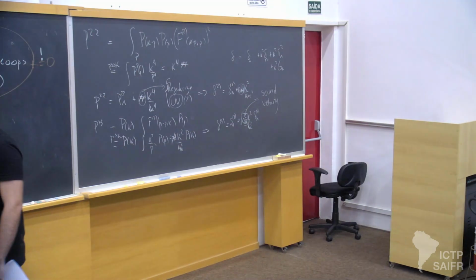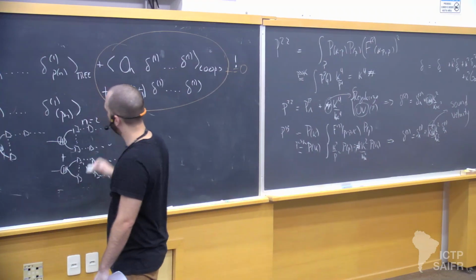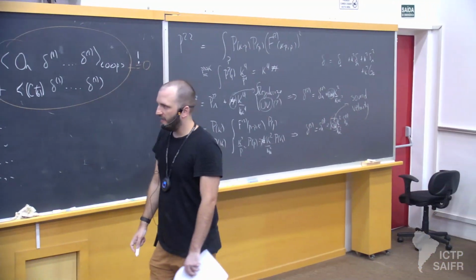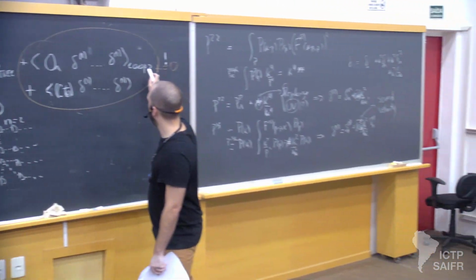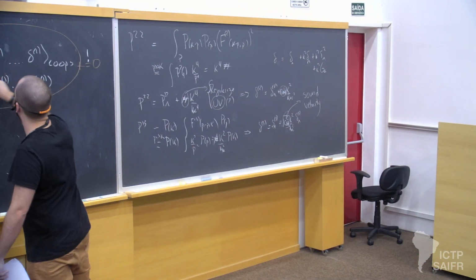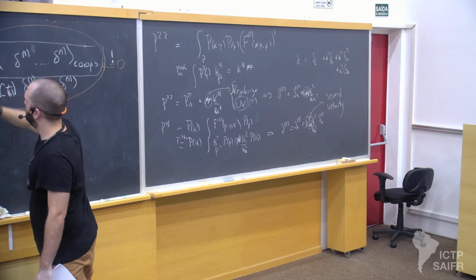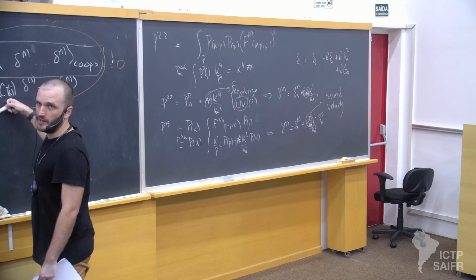So there are two diagrams at n equals 2. And when you compute those loop diagrams here, basically you're computing those contributions, to find what the counter terms are that you have to add.